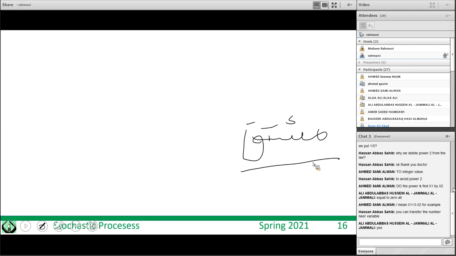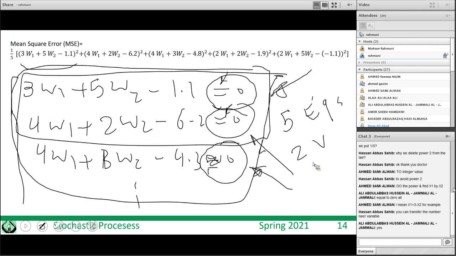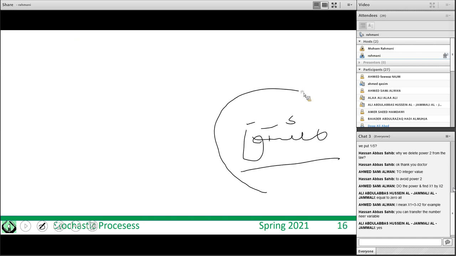But this is not the thing that we want to do, because for some functions it is very difficult to differentiate. Of course, here it is easy to do the differentiation, but generally it is not easy to do this.